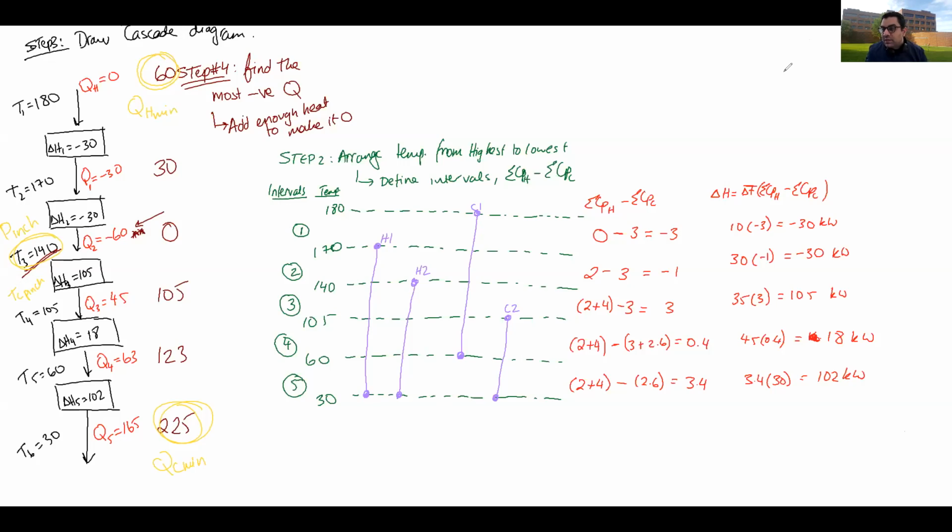So let's summarize what we have at this stage. I have TC pinch is equal to 140. So basically, this means that TH pinch is equal to 150, right?